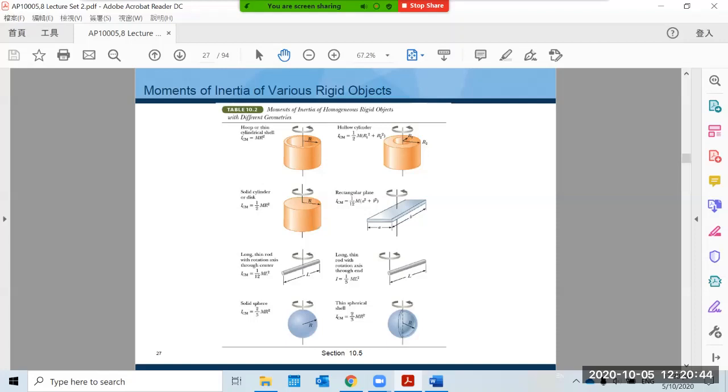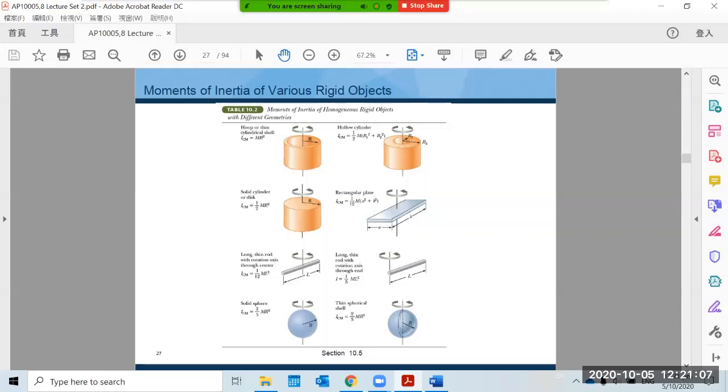I is equal to 1/2 mr squared, and omega is equal to V over R. So the calculation would give you the rotational kinetic energy of 250 joules.